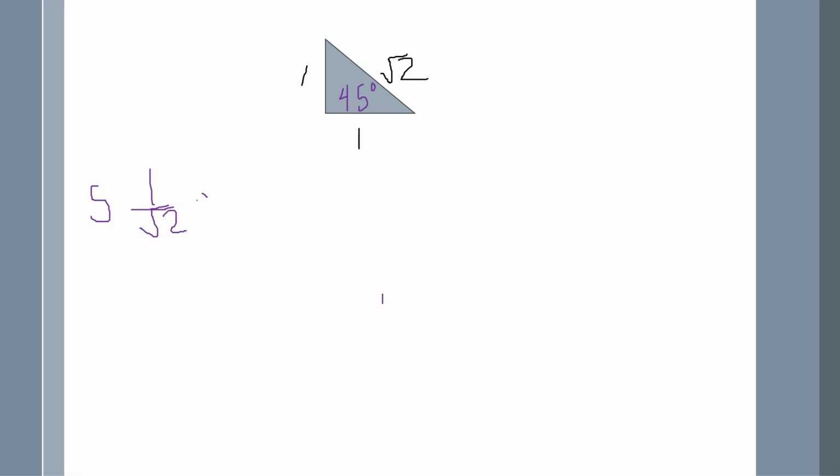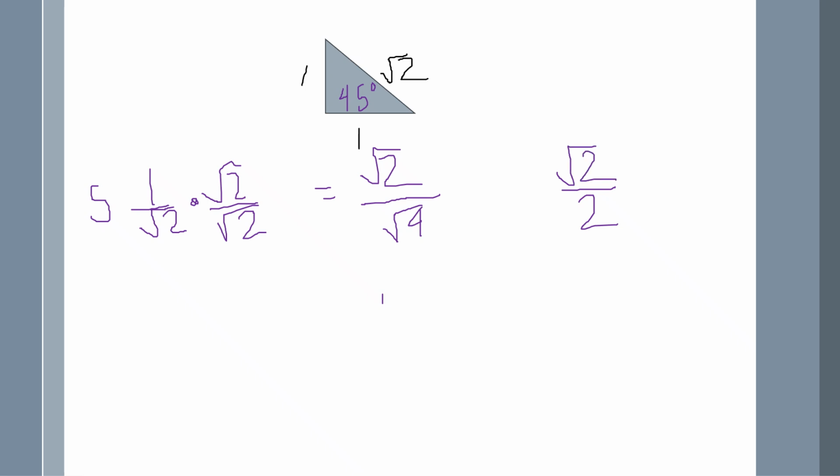And you should know to multiply everything by square root of 2. And 1 times square root of 2 is just simply square root of 2, because 1 multiplied by anything is that anything. So square root 2 in your numerator, and square root 2 times square root 2 is square root of 4, and you know the square root of 4 is going to be 2 in your denominator, and then square root 2 in your numerator.